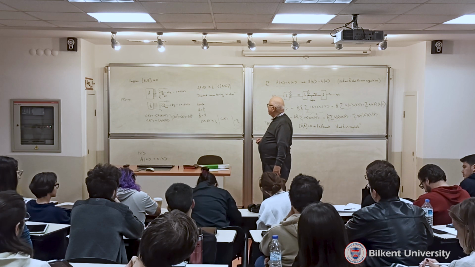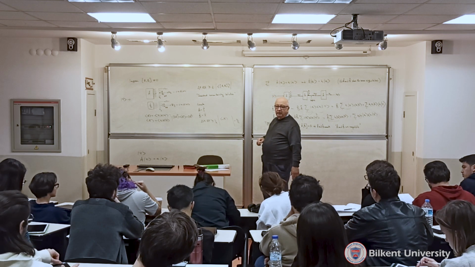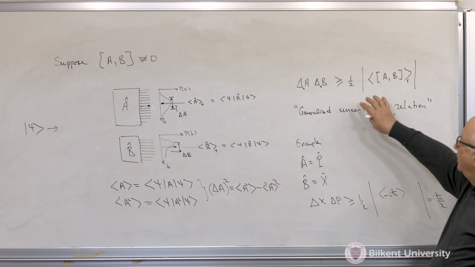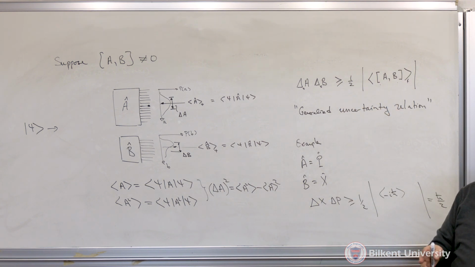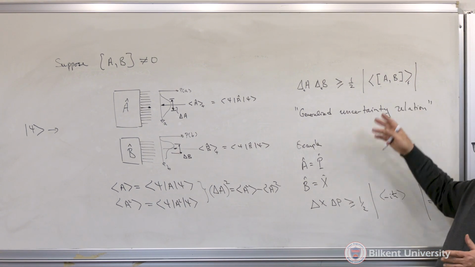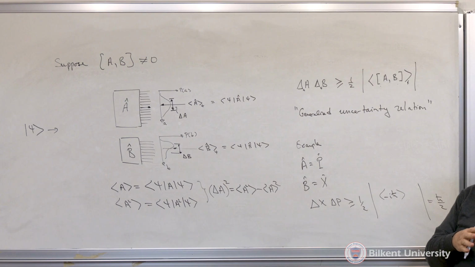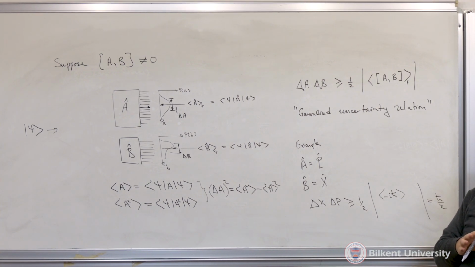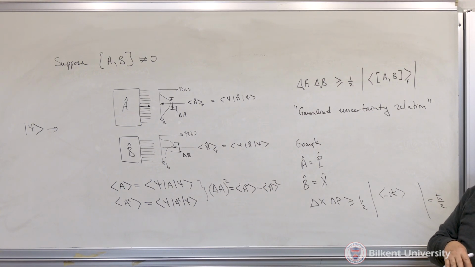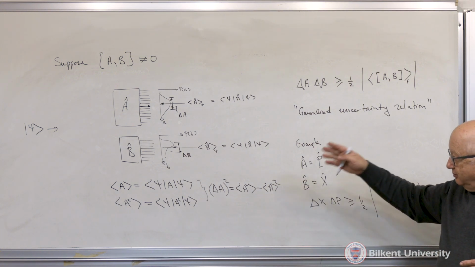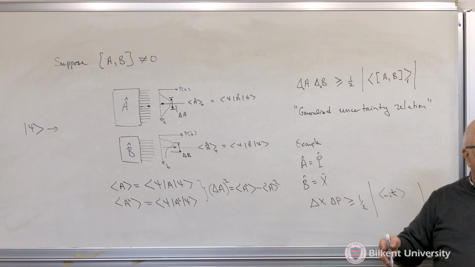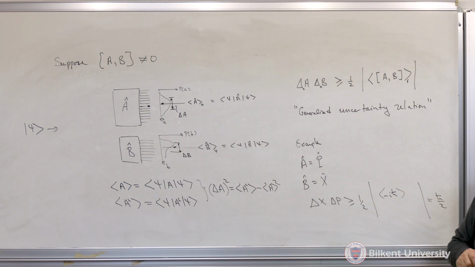Well, not from this relation actually. You may want to calculate it, but this doesn't tell you that. This just gives you a minimum amount of uncertainty that is valid, so you don't know how much bigger it's going to be. For things like that, it's more economical to actually calculate delta A and delta B and see how they behave.